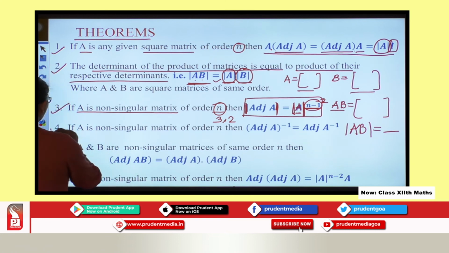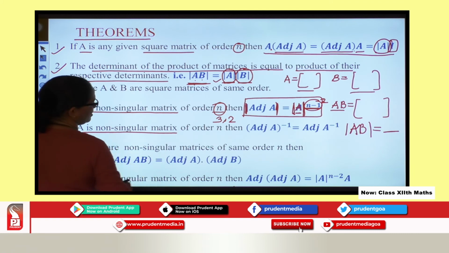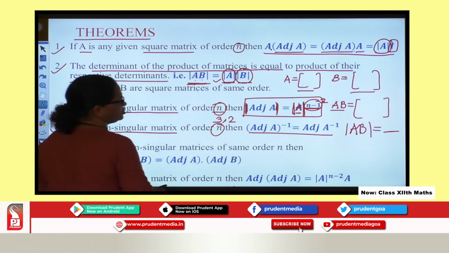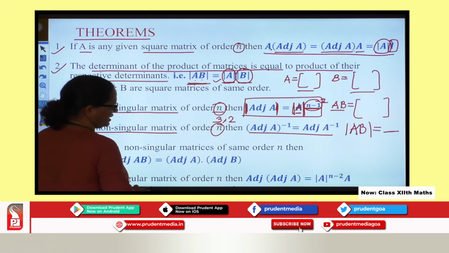Okay, so let's proceed further with the fourth theorem. If A is a non-singular matrix of order n, then you can see this is the definition it must satisfy.